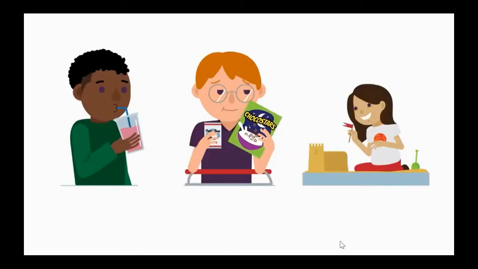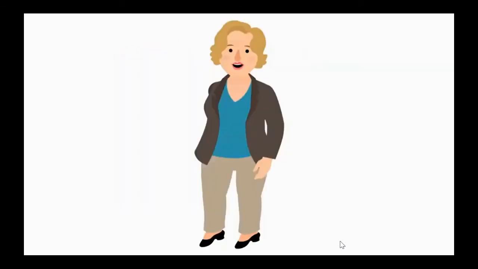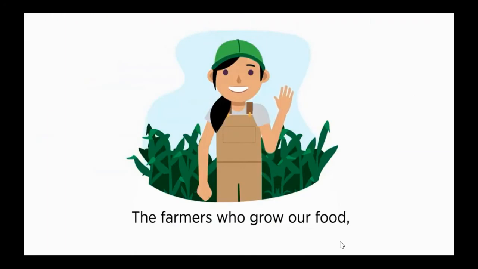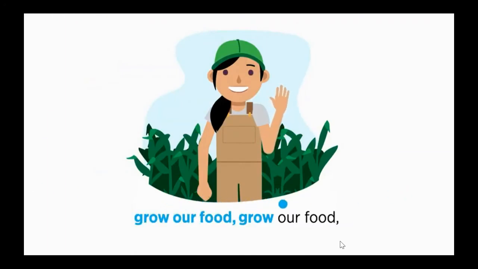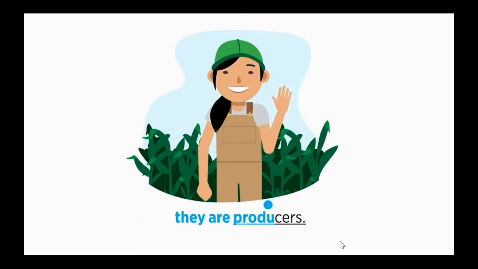People are consumers and producers. Now it's time to learn a little song about consumers and producers. Let's sing our song. We'll show you the words so you can sing along. Just follow the bouncing ball. The farmers who grow our food, grow our food, grow our food. The farmers who grow our food, they are producers.